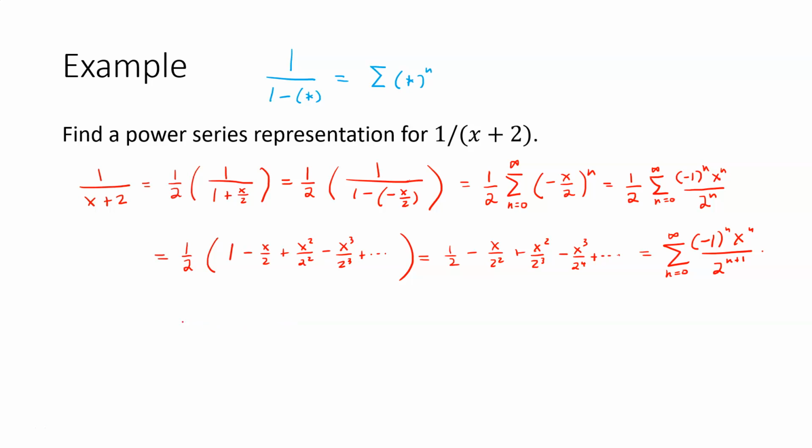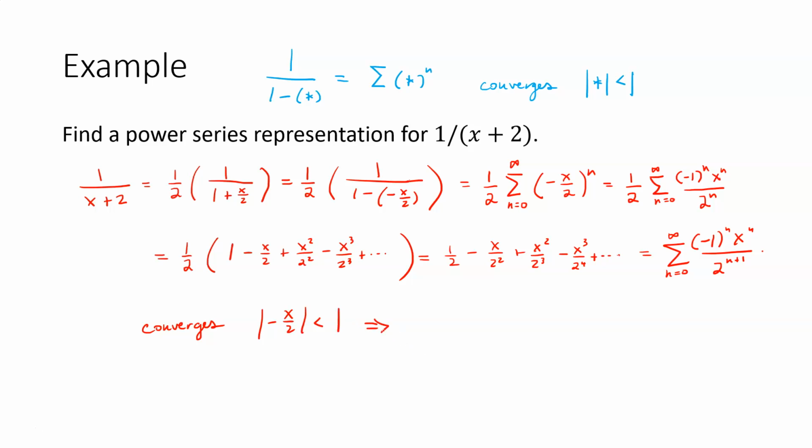Now to see the radius of convergence here, we know that whatever we're putting in for x in this series converges when it's less than 1 in absolute value. So same idea here, it converges when the value that we put in for x is negative x over 2, so the absolute value of negative x over 2 is less than 1.